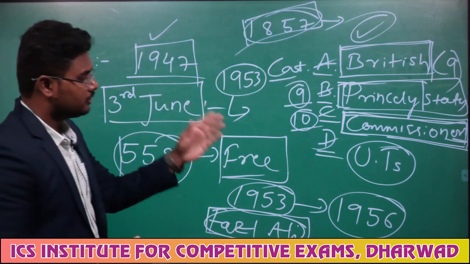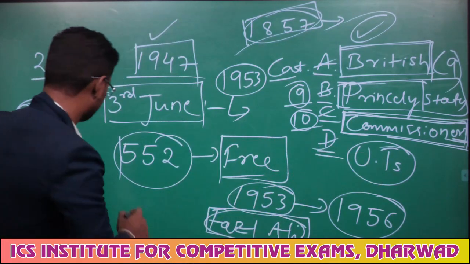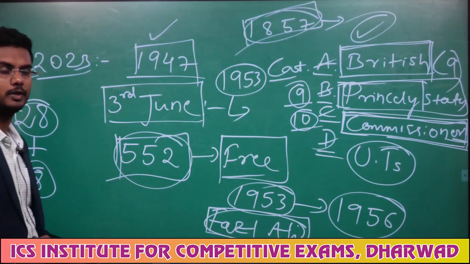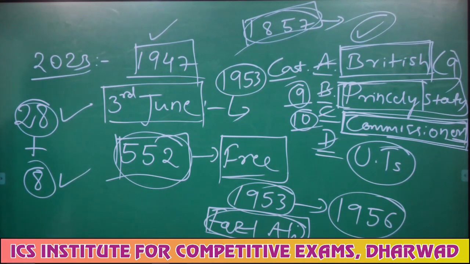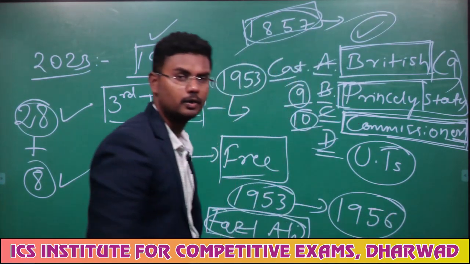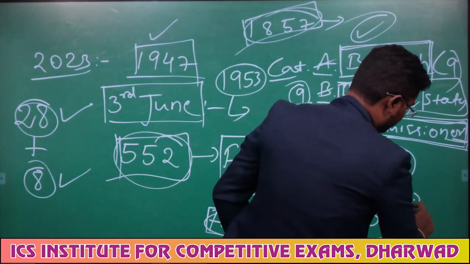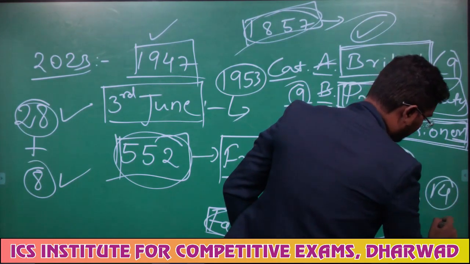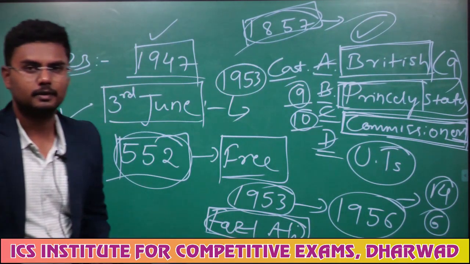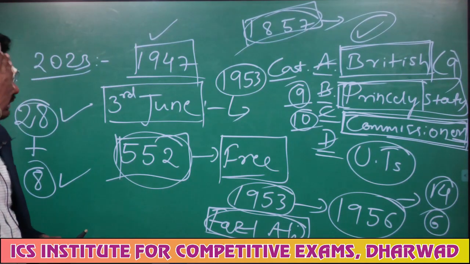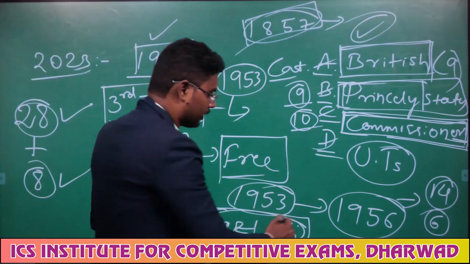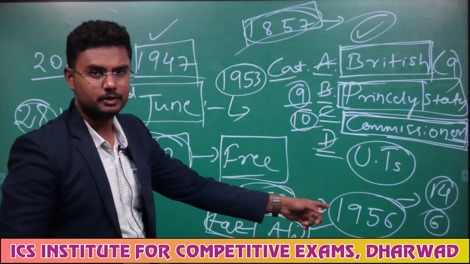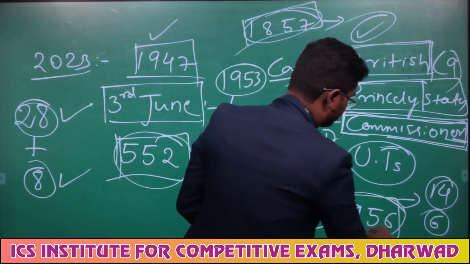So the states or regions which numbered 552 in 1947, today are clubbed into 28 states and 8 union territories. Getting this point? After the 1956 States Reorganization Act, India had around 14 states and 6 union territories. This was on the basis of recommendations of the Fazal Ali Commission and the States Reorganization Act of 1956.